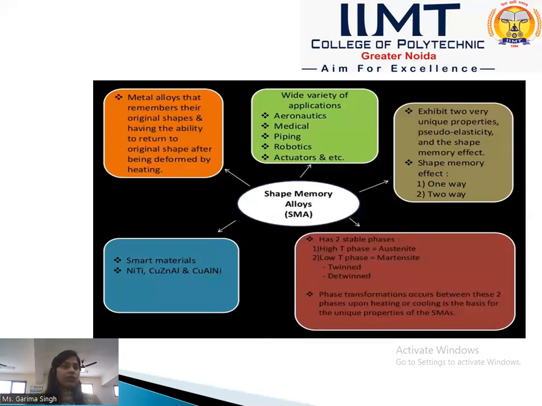The one-way effect is the one where the material gets damaged and can be heated only to get back the original shape. What is the two-way effect? In the two-way effect, when we cool it, it goes to the martensite structure. When we heat it, it goes to the austenite structure. We have already discussed that very well.